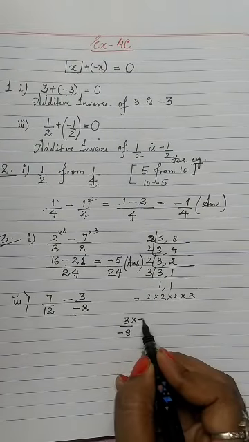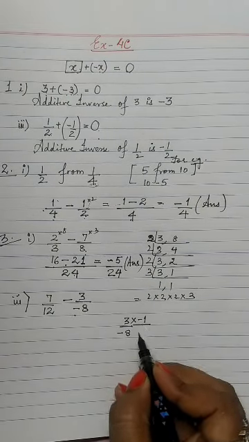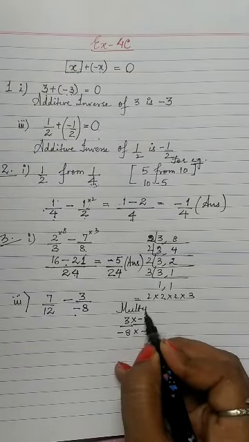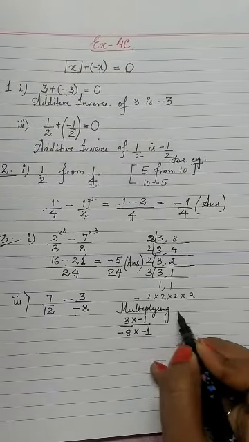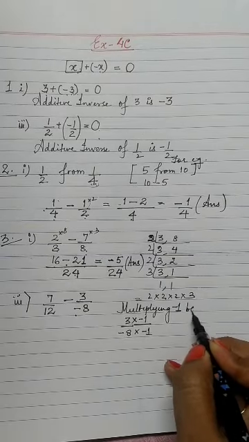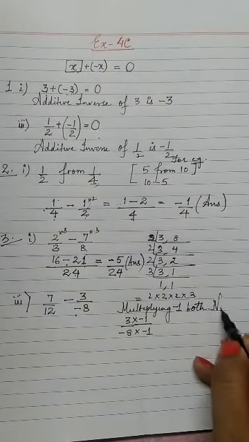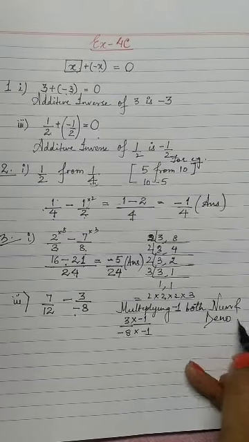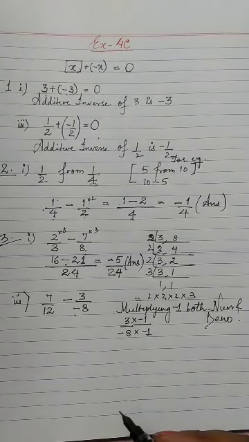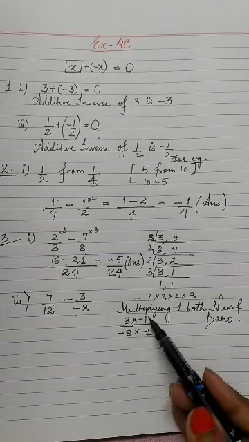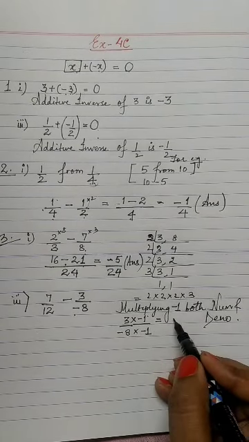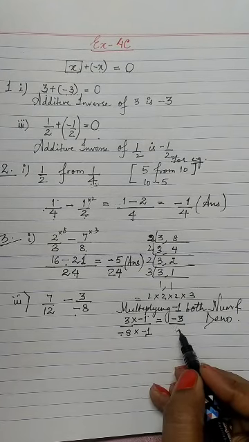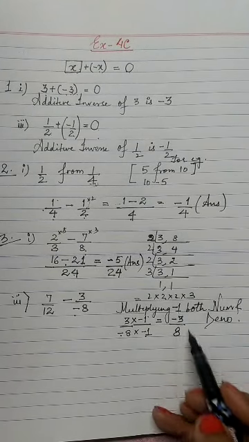In order to make it a negative in the numerator, I am going to multiply by minus 1, both in the numerator and the denominator. So we get minus 3 upon, now minus 8 into minus 1 will give you 8 itself. So minus 3 upon 8.